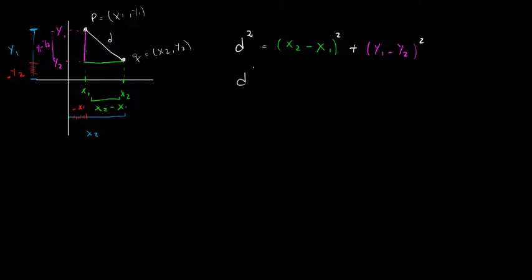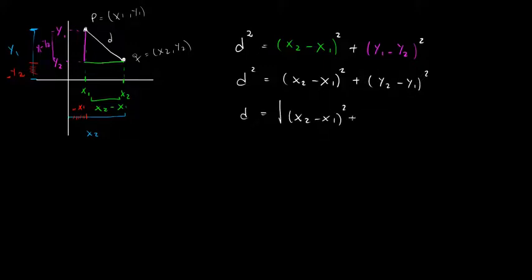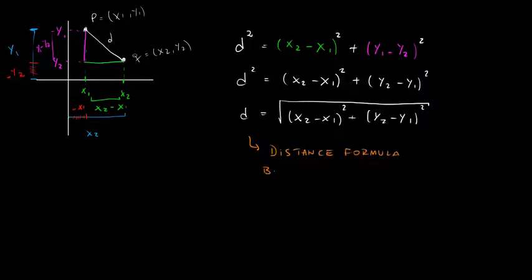This squared is going to be equal to x2 minus x1 squared plus, and as this number is squared, it can be rewritten as y2 minus y1 squared. So now t is going to be the square root of all this expression. And we got to the expression of the distance formula between x1, y1 and x2, y2.